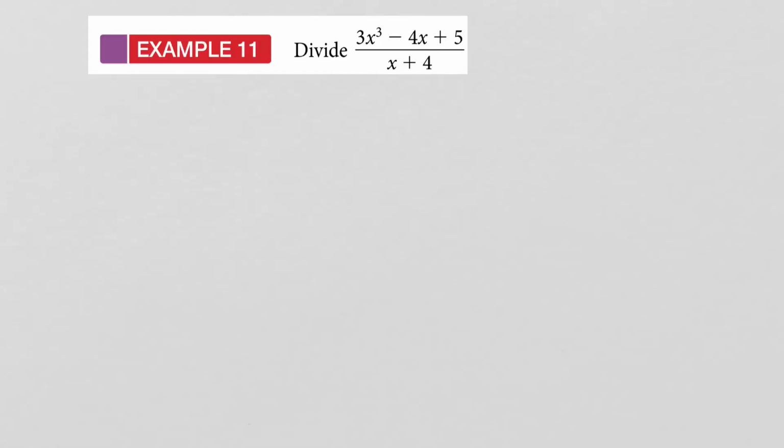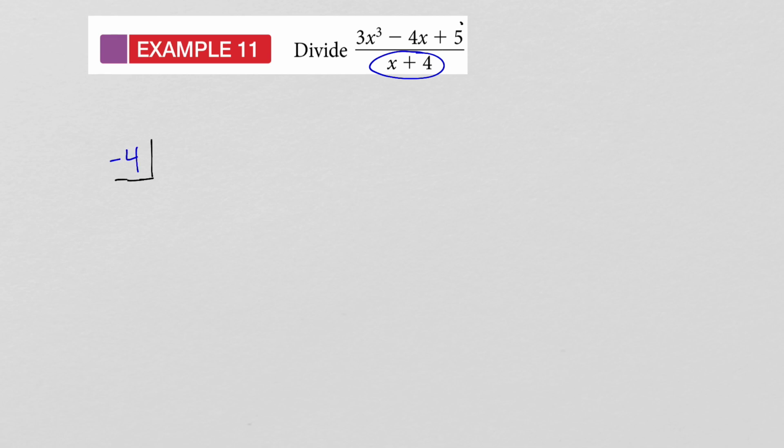So let's try one more. We're going to divide 3x cubed minus 4x plus 5 by x plus 4. So first thing I'm going to remember is that if I'm dividing by x plus 4, when I make my little box here, I have to put negative 4 in the box. And actually, let me do it in blue here. There we go.